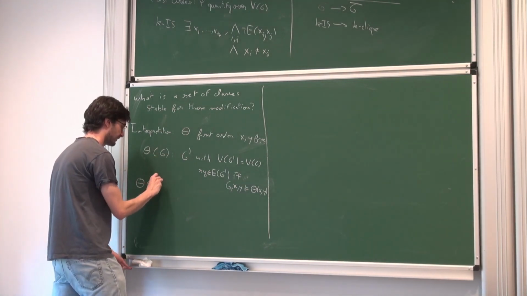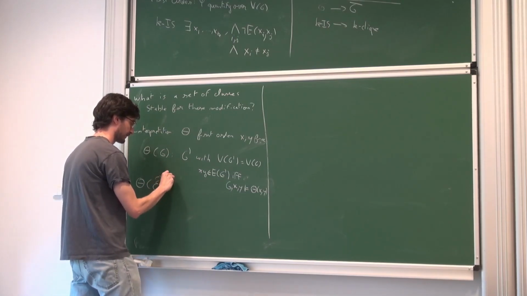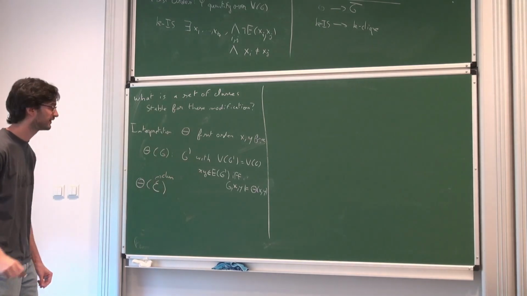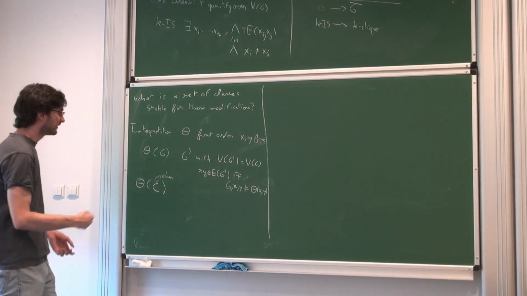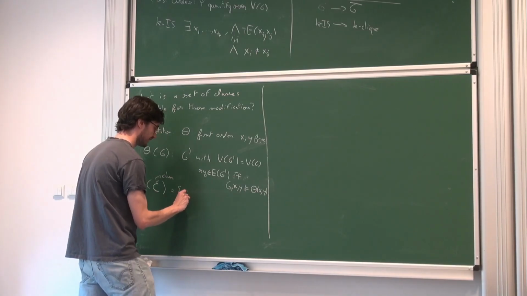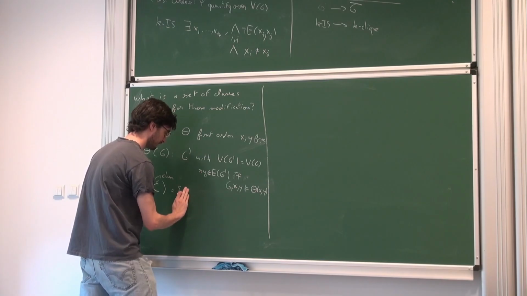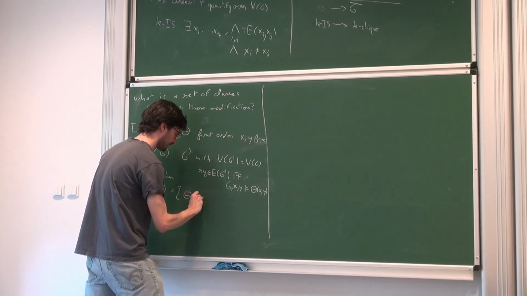Theta of the class C, or a set of graphs, is simply the set of all G prime, that is all theta of G.